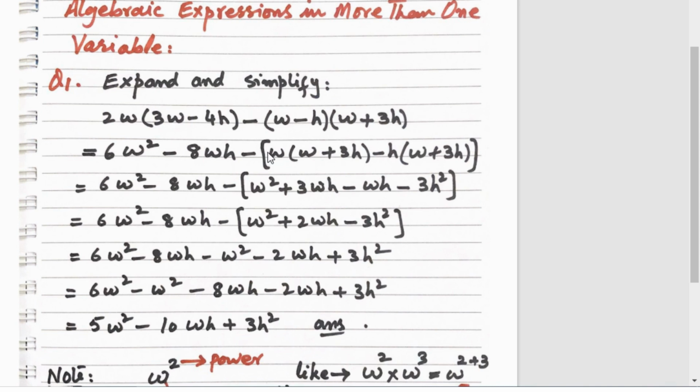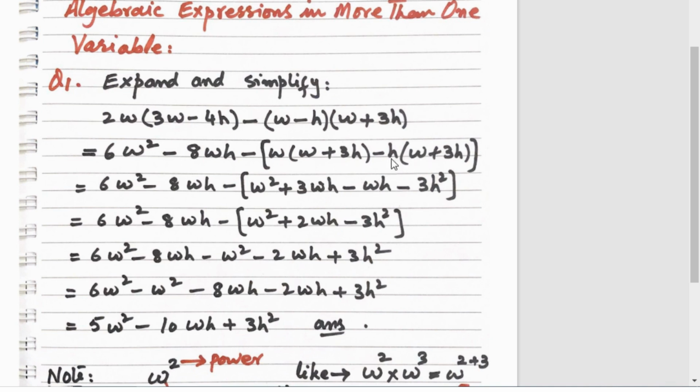So w into plus is plus, and w into h is wh, and 3 as it is, because there is only 1 with w, so 3 ones are 3. Come to the next term: minus into plus, not written but understood. Minus into plus is minus. W into h is wh.